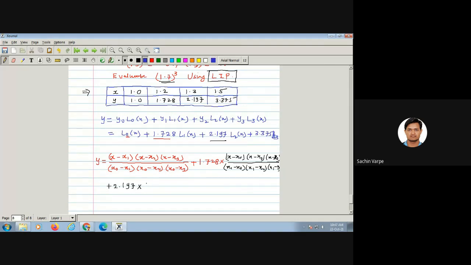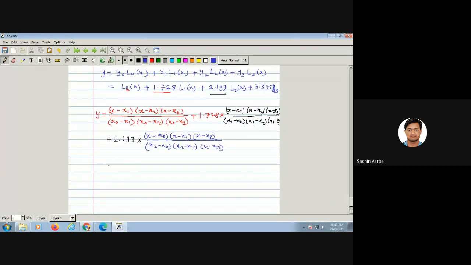L2 is x minus x0, x minus x1, x minus x2 is excluded, x minus x3 upon x2 minus x0, x2 minus x1, x2 minus x3.